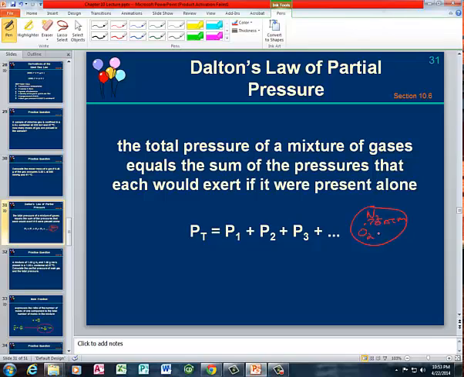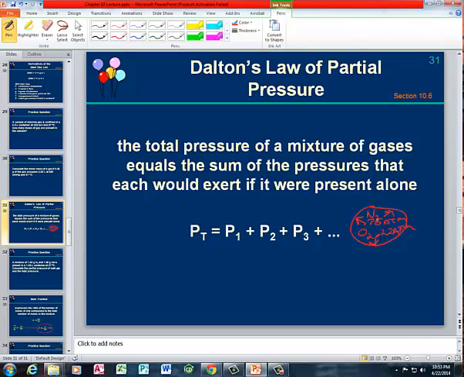We'll fudge the numbers a little bit and say that oxygen is 22%, which would mean that the partial pressure of oxygen is 0.22 atmospheres of pressure.